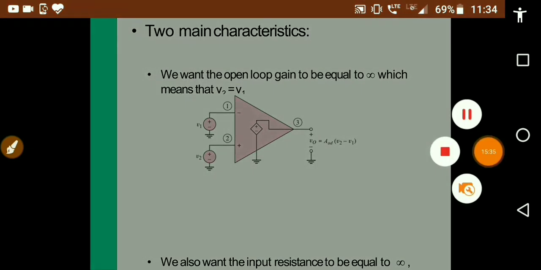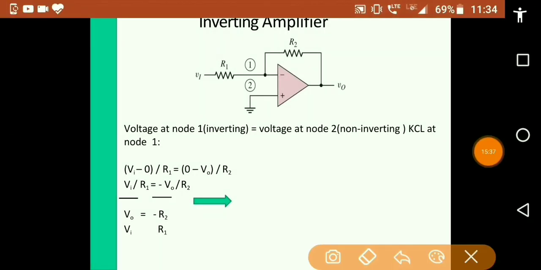So students, there are mainly two types of configuration in an operational amplifier. One is the inverting configuration. This is the diagram of the inverting configuration, where input is applied at the inverting terminal.